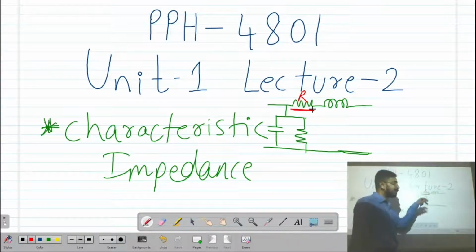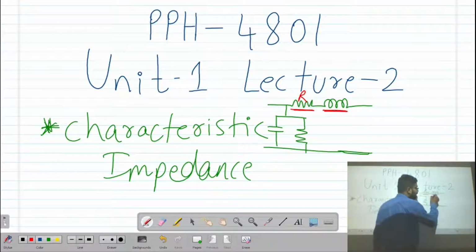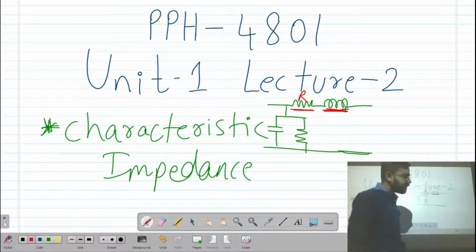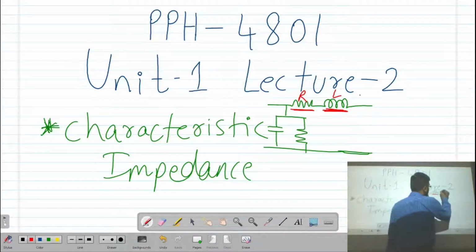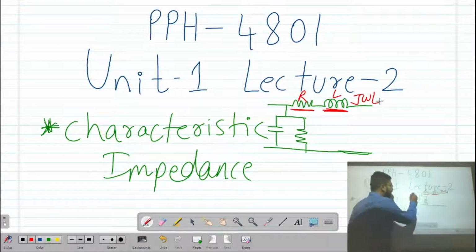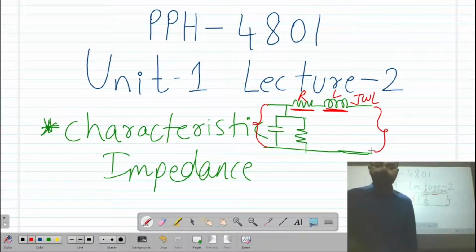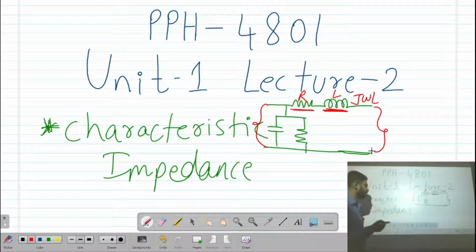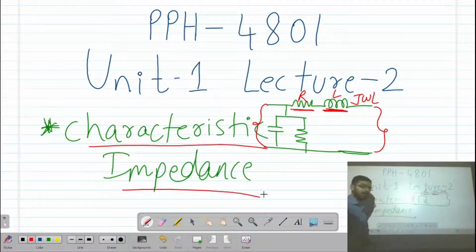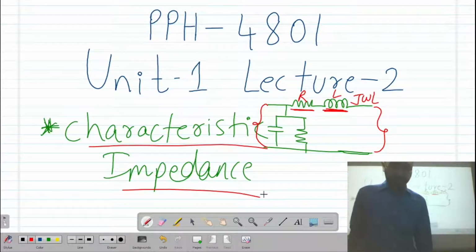But the impedance offered by the inductor L will be an imaginary quantity, given by j omega L. That is an imaginary quantity, right? So the total resistance offered by the transmission line is studied with the help of characteristic impedance.